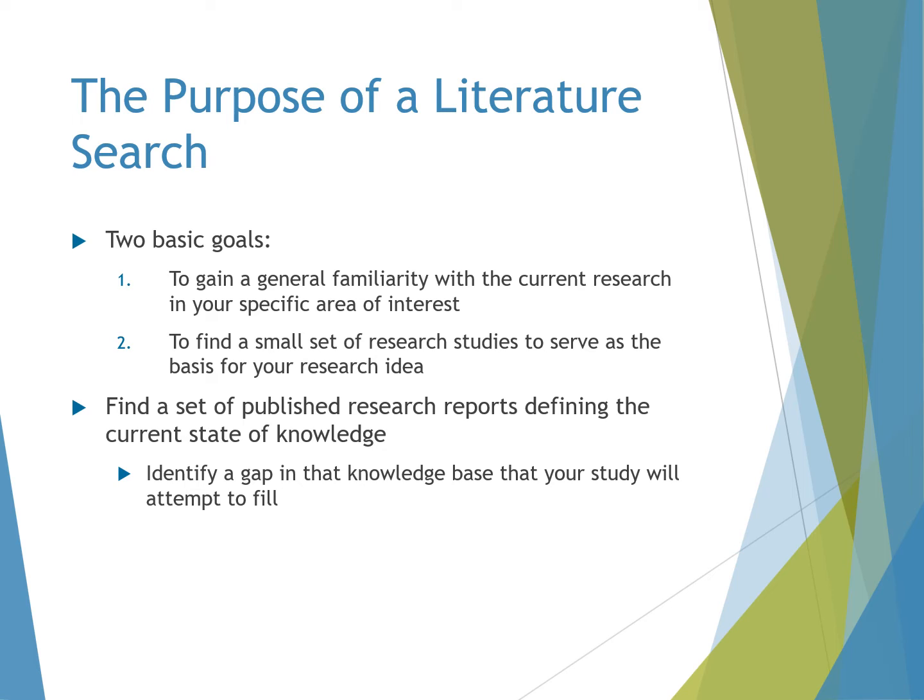Okay. So in terms of the purpose of the literature search, there's two basic goals. One is to gain general familiarity with current research in your area of interest. And the second is to find a set of research studies that are a basis for your research idea. So especially for this class where we have a limited amount of time, the best, most effective way to do this is to find a published study and change one component or one piece.